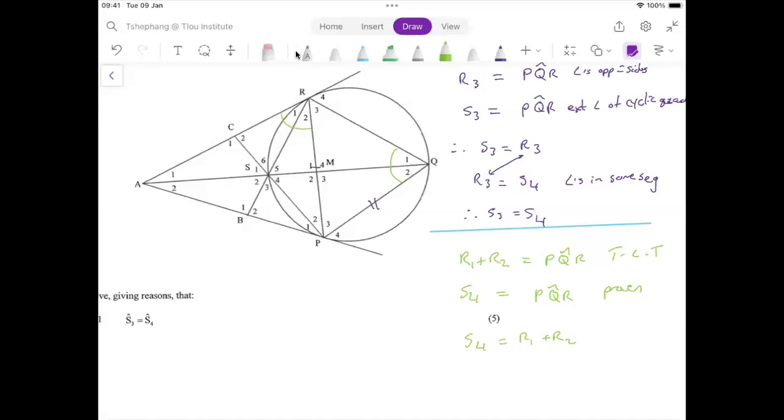So instead of writing PQR, we know that PQR is R1 plus R2. Then we can conclude that SMRC is a cyclic quad. What's the reason? This would be the converse exterior angle of cyclic quad.